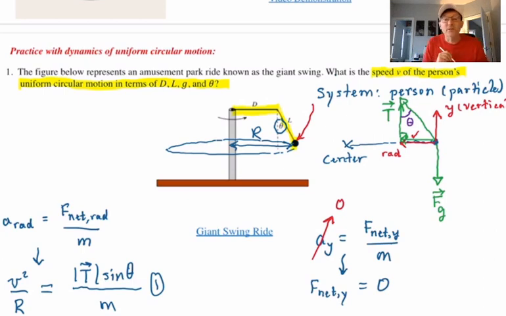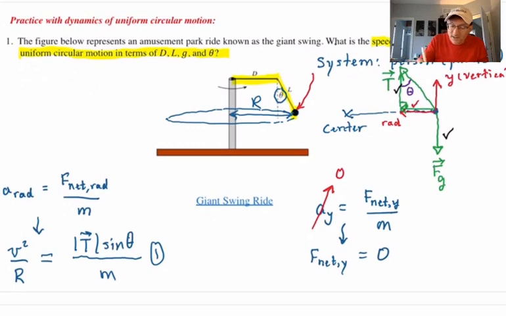Where are the y forces in the free body diagram? Well, there's of course F grav with all of it being negative y, and then there's this y component of tension being positive. And those two end up balancing each other. So let's write down that expression. Upward, I have the y component of the tension.